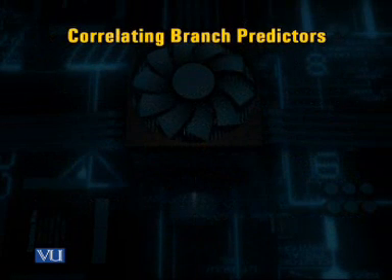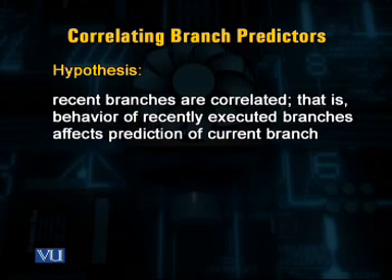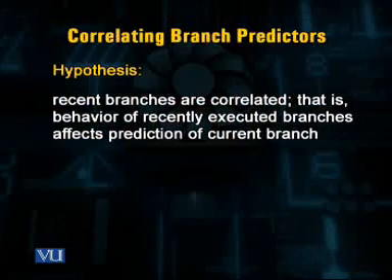Basically, the correlating branch predictor is based on the hypothesis that recent branches are correlated, that is, the behavior of recently executed branches affects the prediction of the current branch. As we have observed in the previous example, the behavior of branch B1 and branch B2 is affecting the behavior of branch B3.